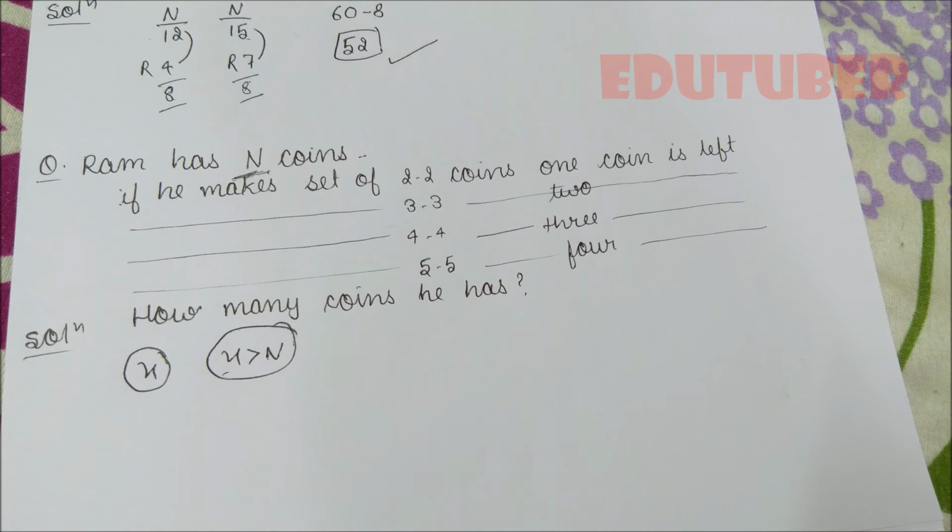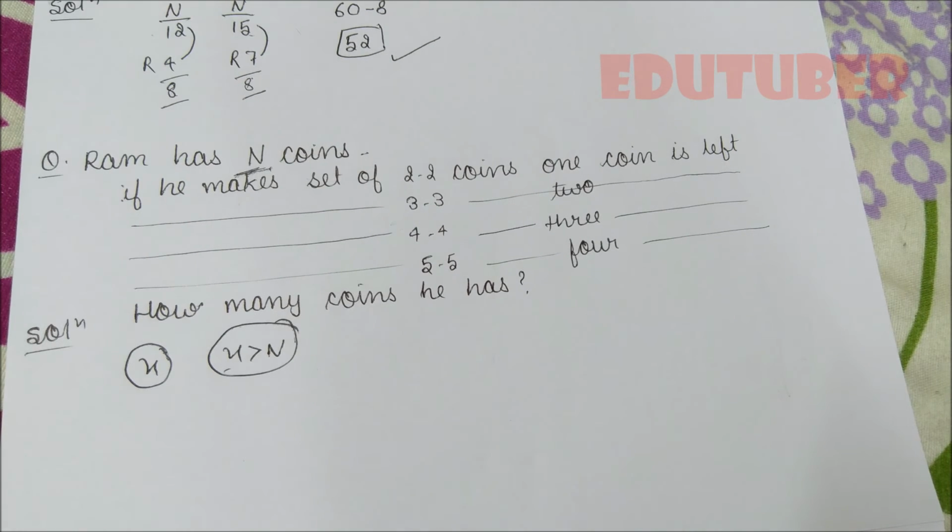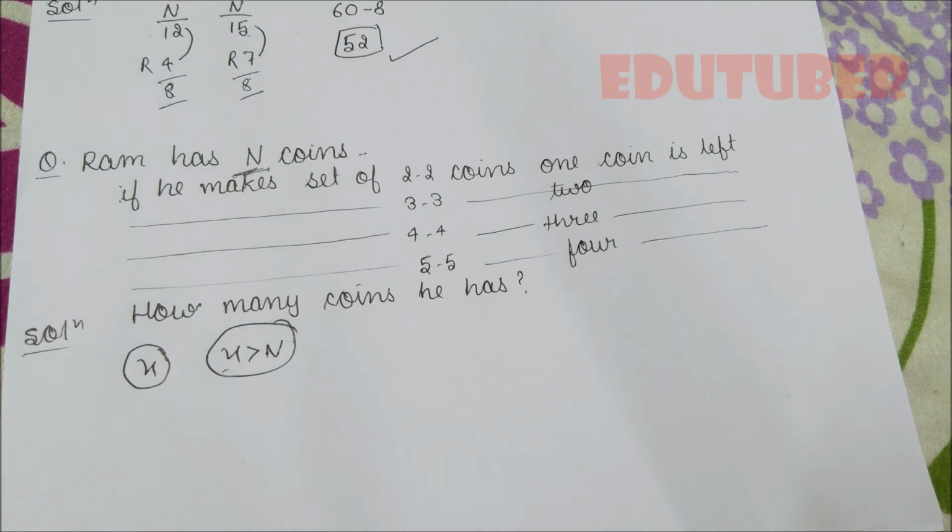The second line says if I put 3 coins in every bag, 2 coins are left which do not form a pair. Similarly, if I put 4 coins in every bag, 3 coins are left, needing one extra coin to form a pair. Similarly, 5 coins. So now he is asking what's the value of n.